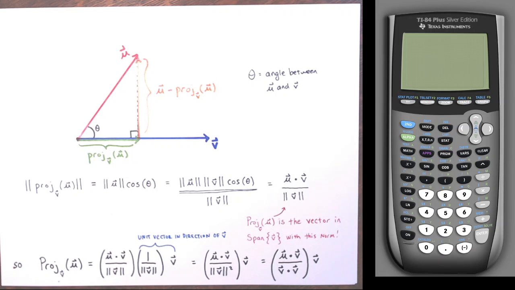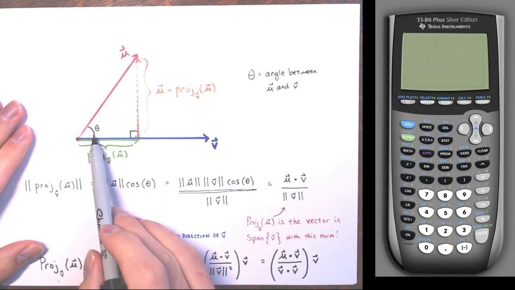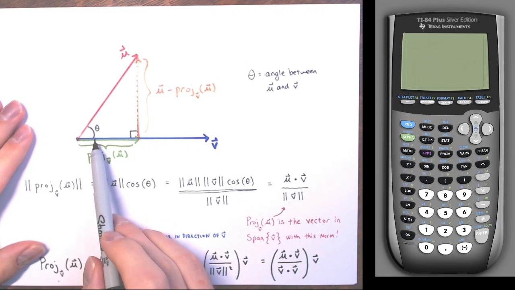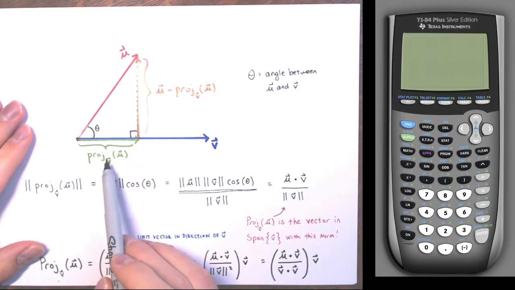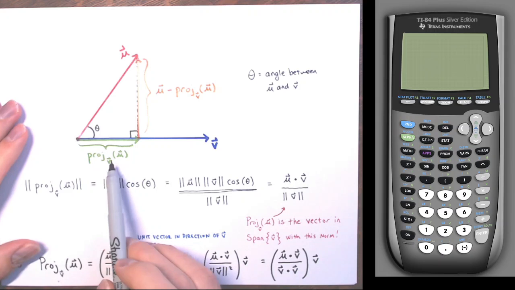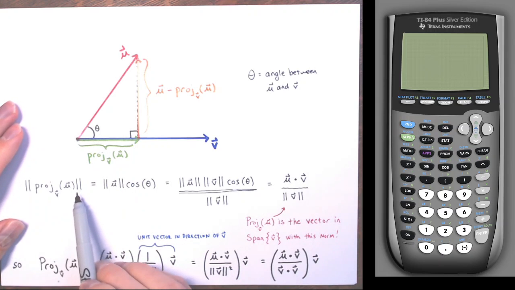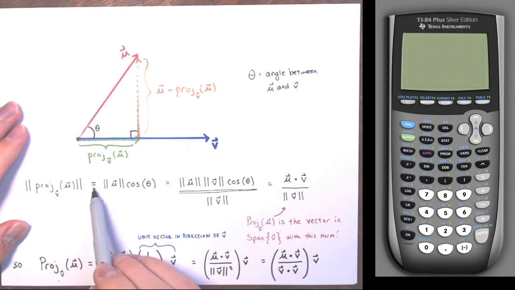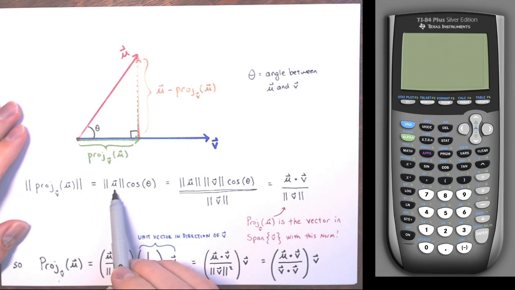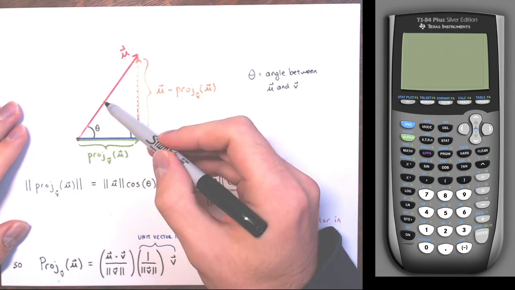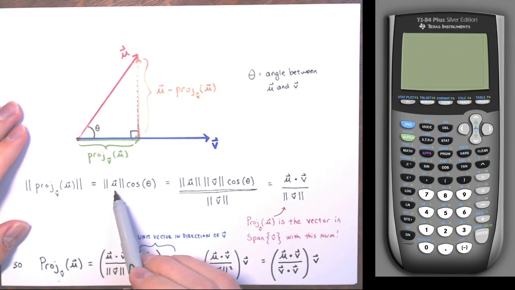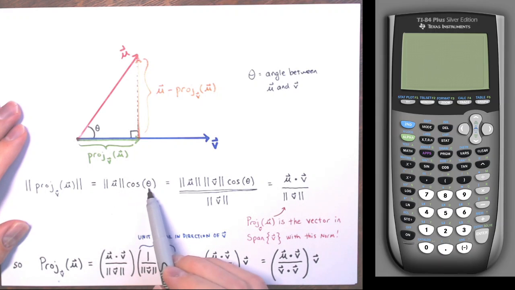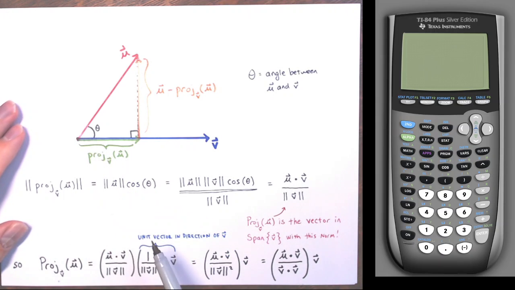So here's this angle theta. The side adjacent is the projection vector, so the norm of the projection vector is equal to the length of the hypotenuse, the norm of u, multiplied by the cosine of the angle between them, the cosine of theta.